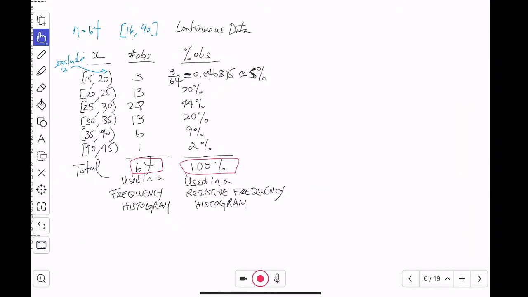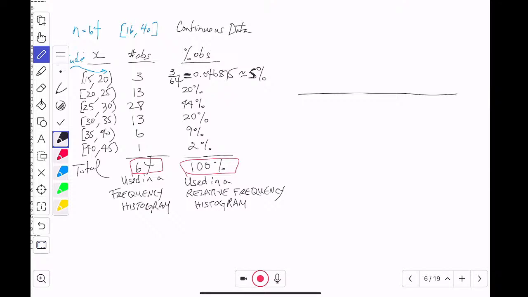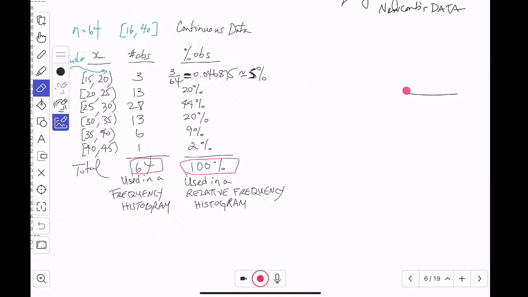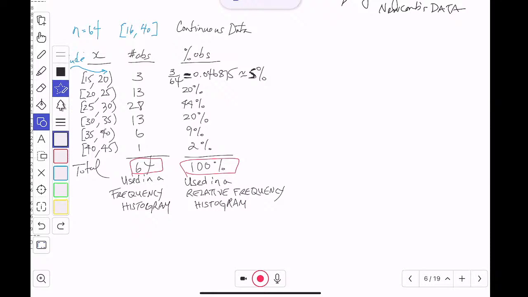Okay. So let's make the relative frequency histogram. Oh, sorry, the frequency histogram. Put a nice straight line with my magic line maker.